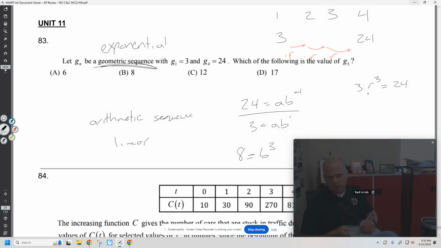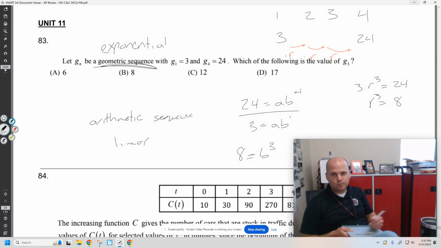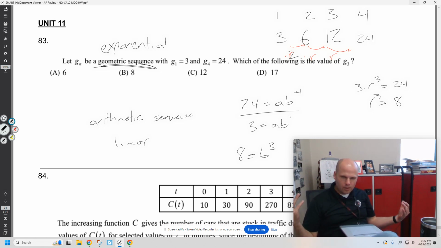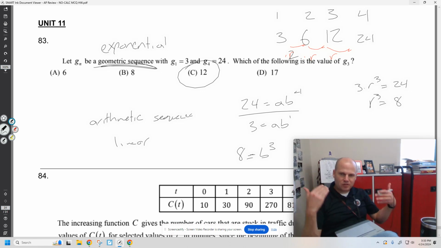Oh yeah, okay. Like r cubed equals 8. So the cube root of 8 is 2. So your ratio is times 2. So this is 6. This is 12. You know, it's exponential, which is why we didn't include it. And we weren't worried about you figuring it out. Geometrics are exponential. Solve them just like exponential functions.